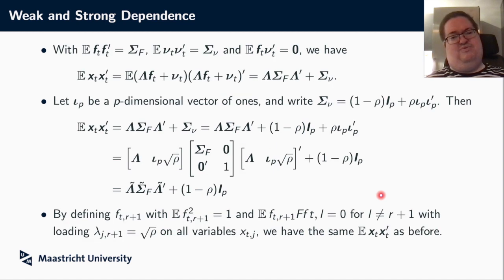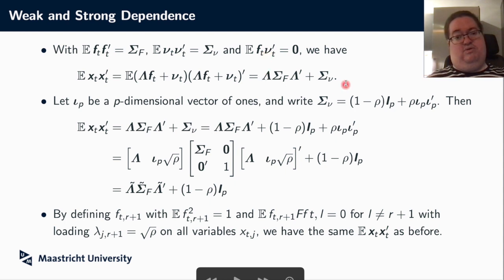So for instance, if you write things out for this case, suppose that our factors have a certain covariance matrix, sigma f. Our idiosyncratic components have a certain covariance matrix, sigma v. And we assume that there is no correlation between f and v, because we want the factors to be really orthogonal to the idiosyncratic components.